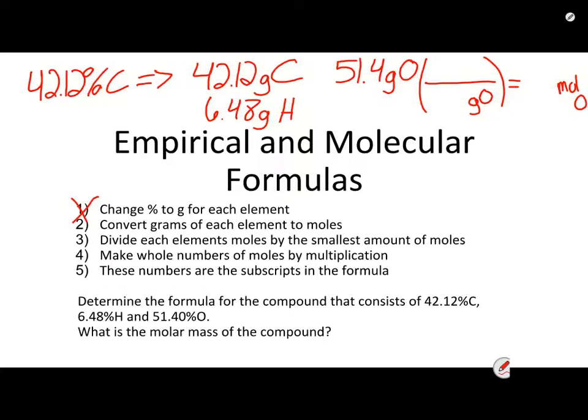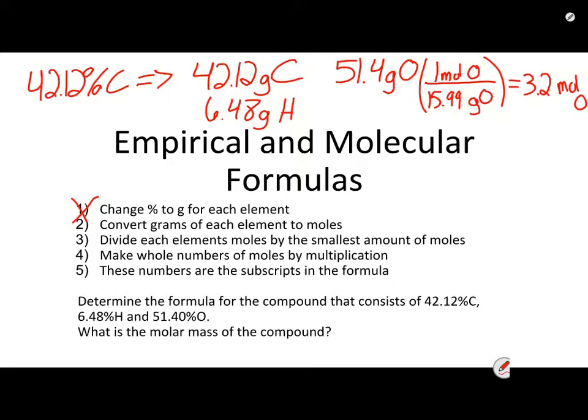If you look at your periodic table, it should be 15.99. 1 mole on top, that's our molar mass of oxygen. If we plug this into our calculator, 51.4 divided by 15.99, I'm going to find that I have 3.2 moles of oxygen. And I'm going to do the exact same thing for carbon and hydrogen.